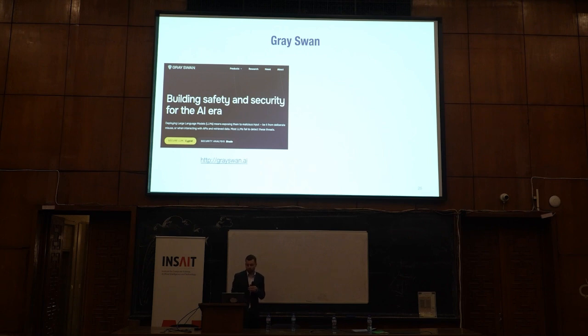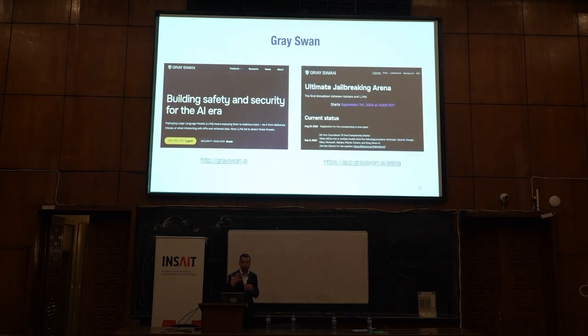And recently, we held a jailbreaking competition, which we called the Jailbreaking Arena. This was a competition open to the world, and we had 40 models that we hosted, 25 or 40, I forget what the final number was, but some large number of models. Three of the models were ones that we developed, of different levels of security.